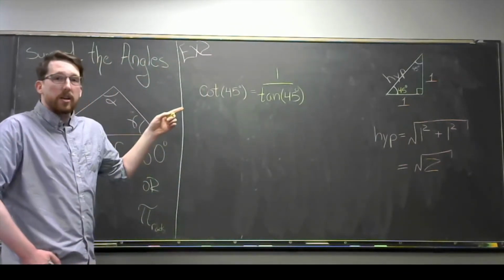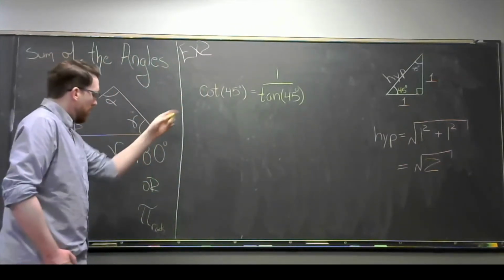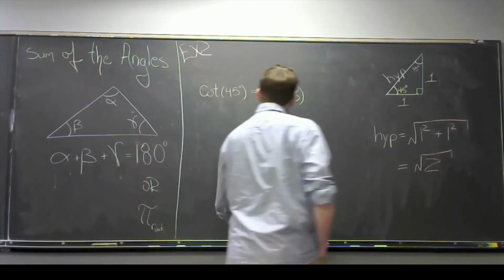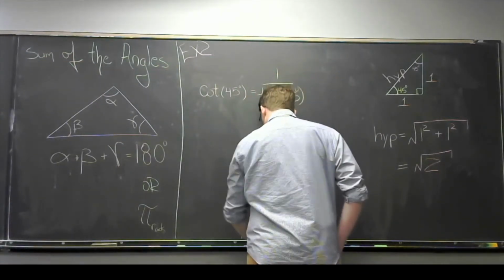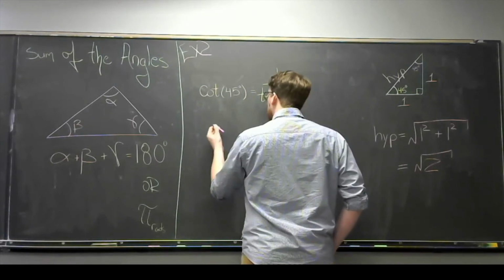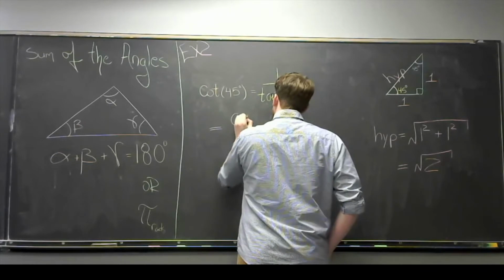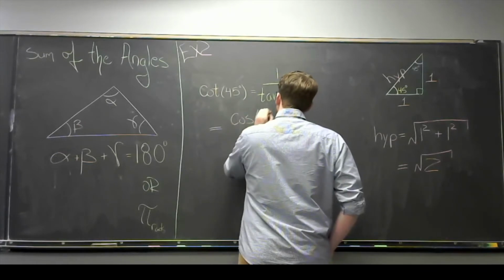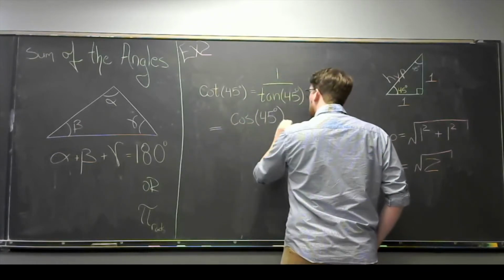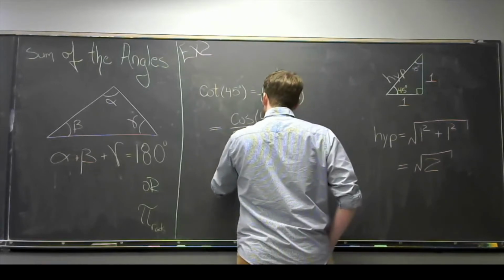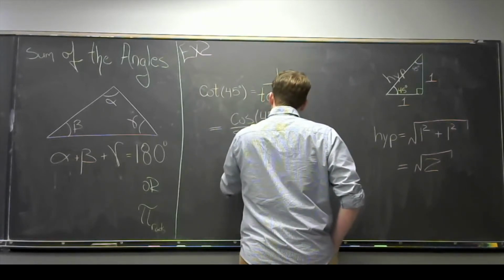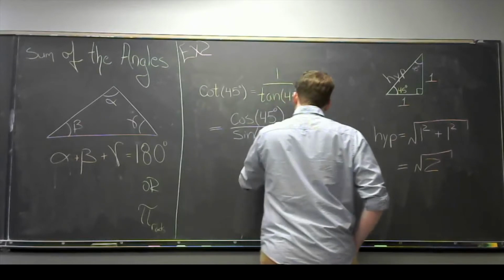And we know tangent is equal to sine over cosine, so we can rewrite cotangent as cosine of 45 degrees over sine of 45 degrees.